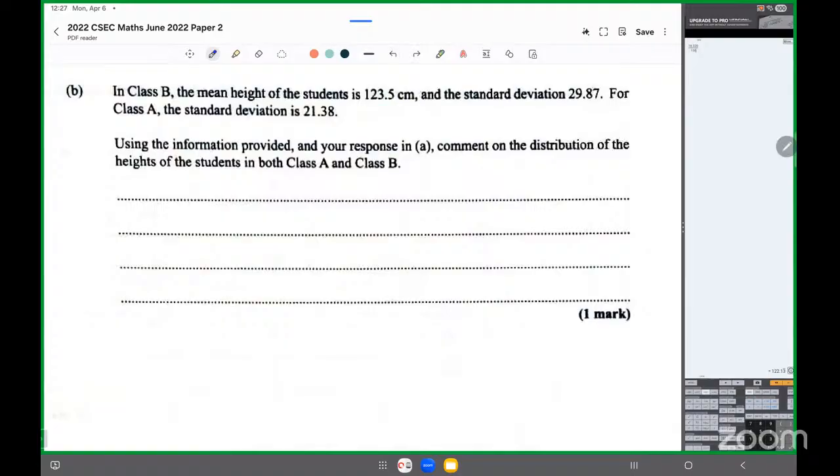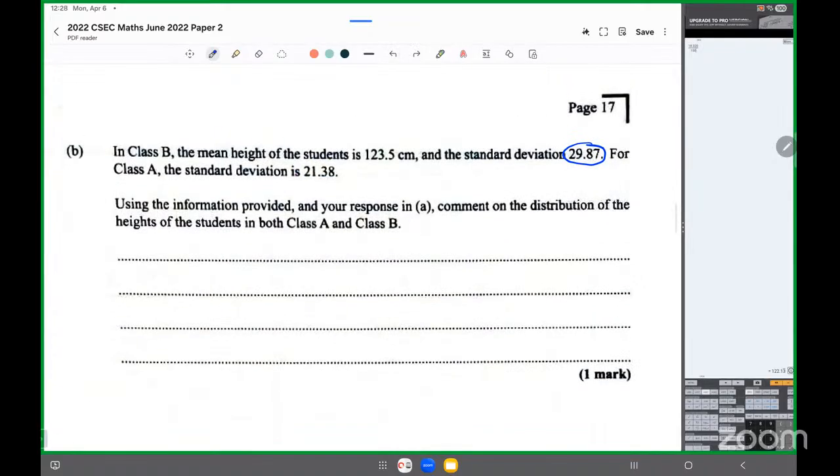But the standard deviation is 29.87. This is important, this figure. It says for class A, the standard deviation is only 21.38. This is a higher value. This is a lower value. The standard deviation is higher. This one is lower.